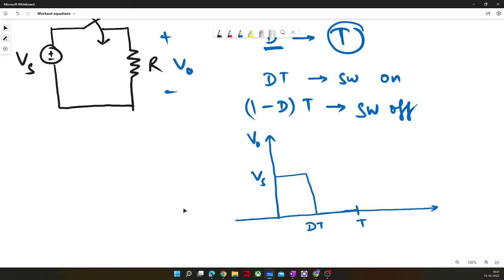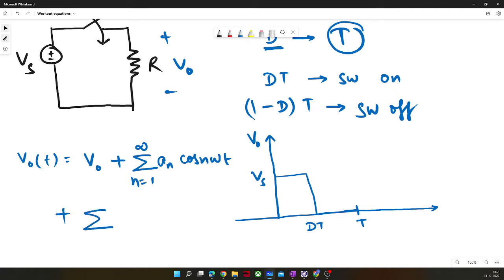So generally, to recall what the Fourier series is, I can write it as, it will have some average, which is also known as DC, plus other harmonics from 1 to infinity, An cos n omega t, plus the same for odd harmonics, Bn sin n omega t.